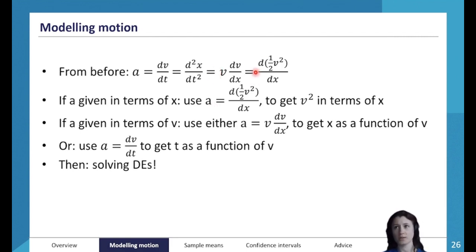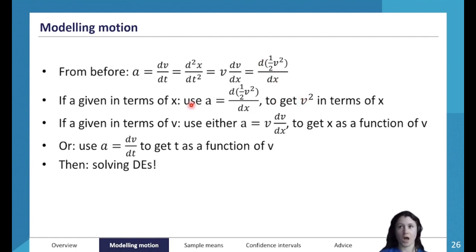The next one is the derivative of half v squared with respect to x is also equal to acceleration. So this one is a little bit complicated too. As a few tips, if you're given acceleration in terms of x, you can use this formula to get v squared in terms of x.